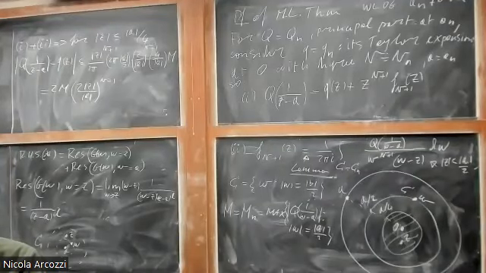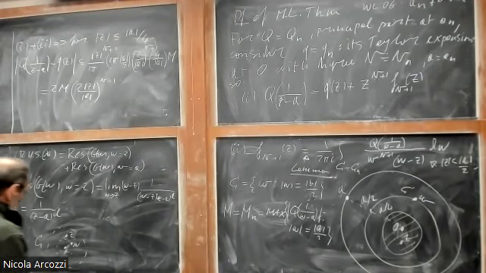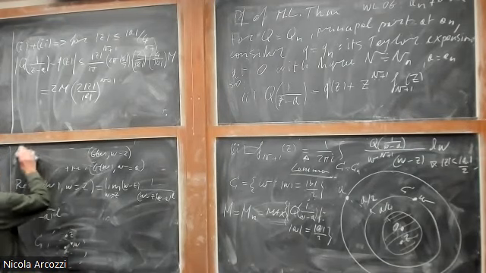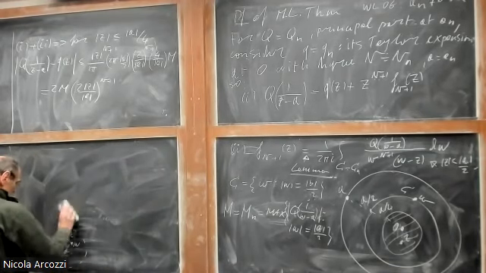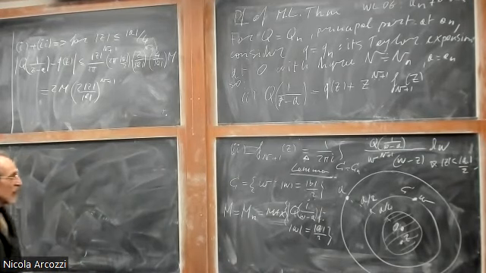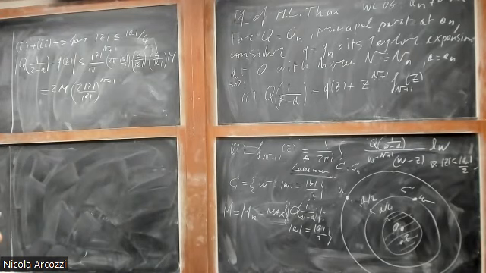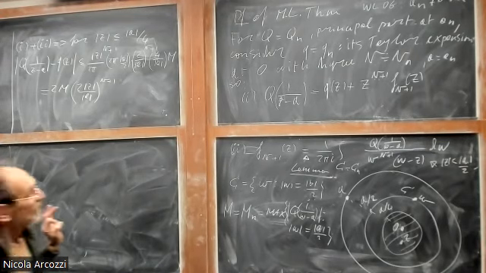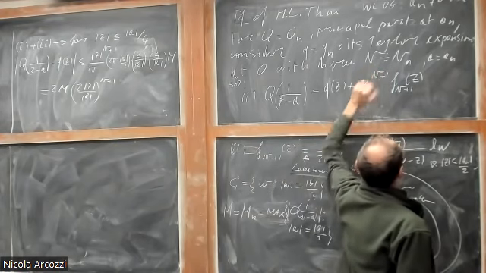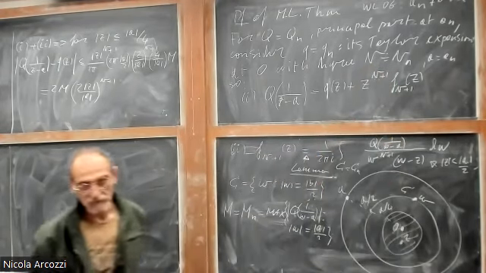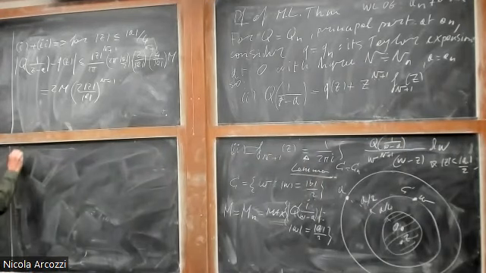Now, what we want to choose. The only thing we are free to choose is this capital N, because everything else is given by the data.